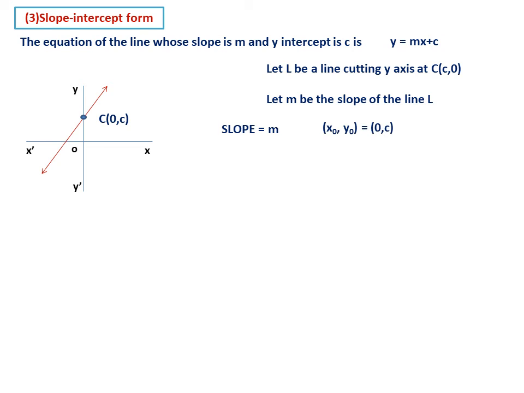Now slope equals m and (x0, y0) equals (0, C). So now using the point slope formula, the first form, the slope is given here, the point is also given. So apply the formula.